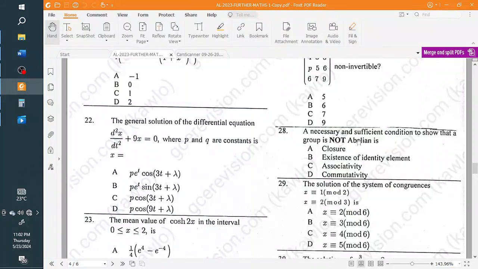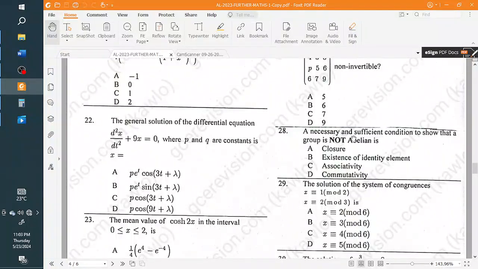Anyways, an abelian group is a group that is closed, inverse of an element exists, identity element exists, it is associative, and it is commutative. Those are the 5 properties of an abelian group. So which condition is necessary and sufficient for the group not to be abelian?